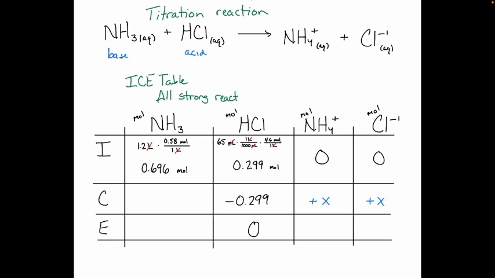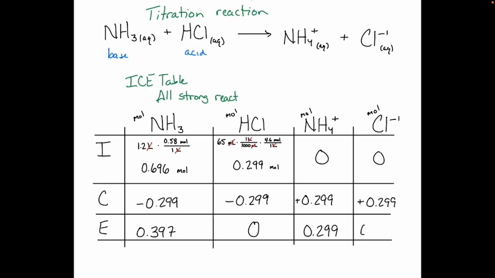So these boxes will be negative 0.299, and these boxes will be positive 0.299. Then to get my equilibrium box, I'm just going to sum everything up from my first two. I have that weak base left over, but none of my strong acid. That all got consumed.